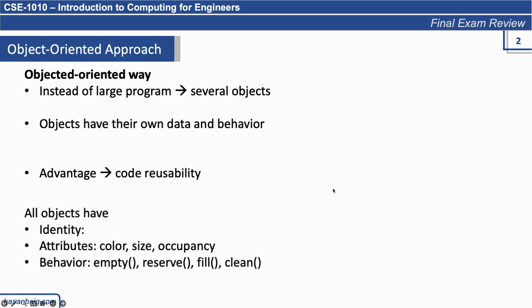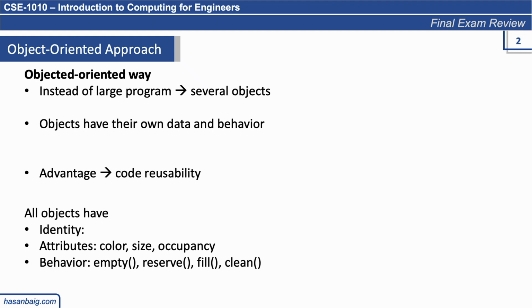All objects have an identity and attributes, for example color, size, occupancy, and each object has a behavior associated with it. If you recall the example of creating a Toyota car, each Toyota car has an identity that we call an object.